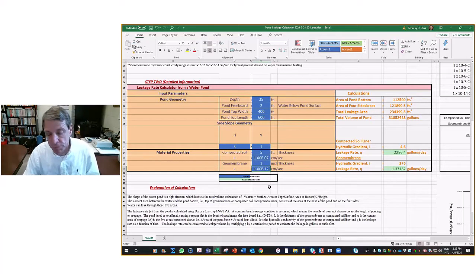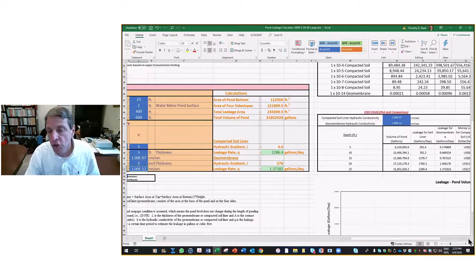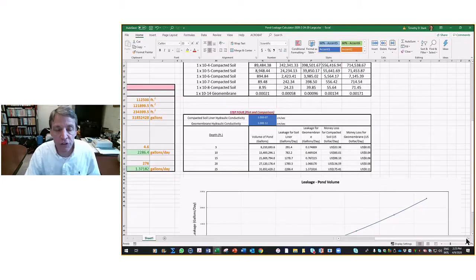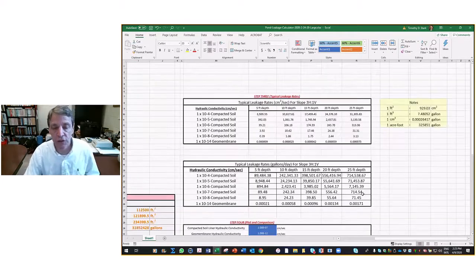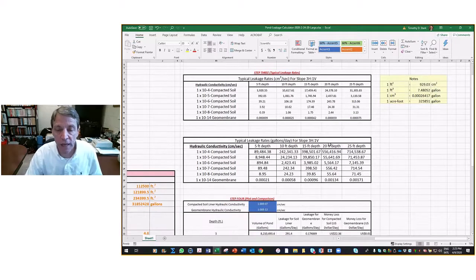Okay, the last parts of the calculator are steps 3 and 4, where the user can see the individual calculations as a function of the depth of water. So if it's a shallow pond, you can see 5 foot of depth and varying the compacted soil hydraulic conductivity from 1 times 10 to the minus 4 to 1 times 10 to the minus 8. And there's the geomembrane.